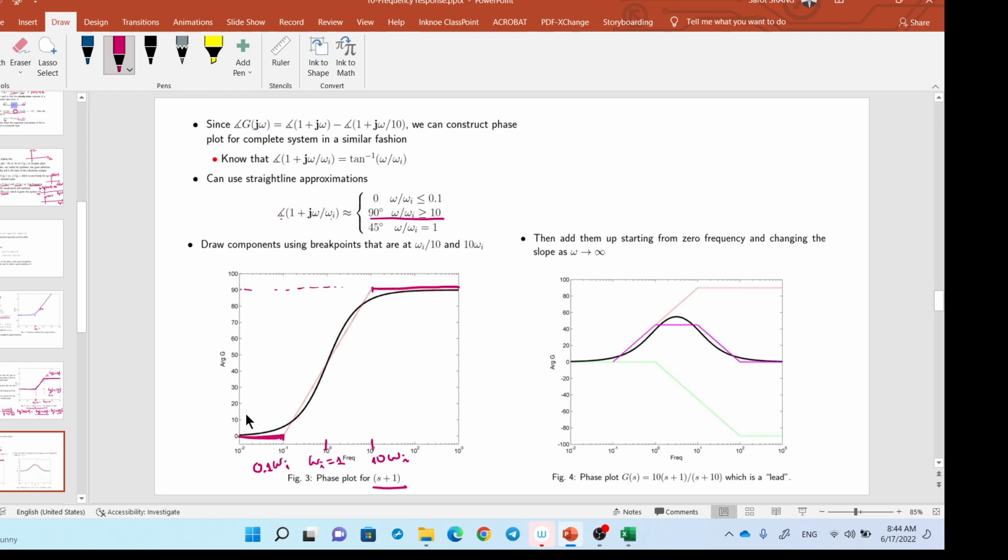Because this is 0 and this is 90, if you draw a straight line, for sure at 45 degrees you will have the value on the horizontal axis as omega I, omega equal to omega I, but in this case omega I is 1.